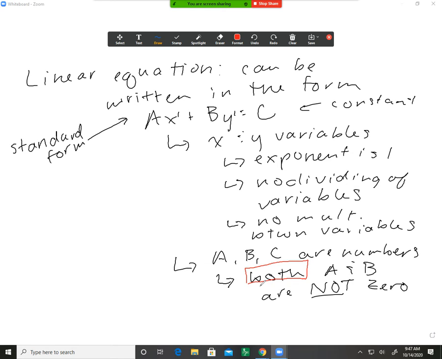If a is 0, b can't be 0. If b is 0, a can't. If a and b are both 0, then 0 times x is 0, plus 0 times y is 0, so it can't equal anything. We'd have 0 plus 0 equals 7, so 0 equals 7. That's not true. So that's why a and b can't both be 0.